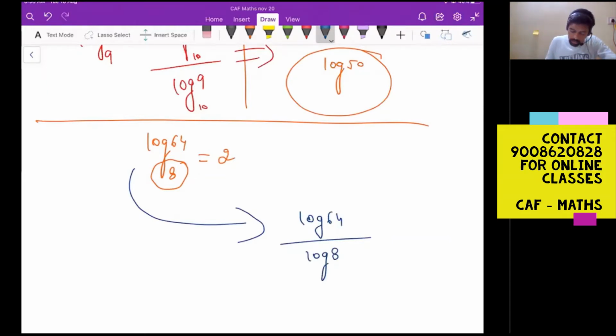This property is called the change of base rule. You have to remember this. Log of 64 to the base 8 can be written as log of 64 divided by log 8, and you can give the common base. You write 10 in both the numerator as well as the denominator, so that it becomes common logarithm.